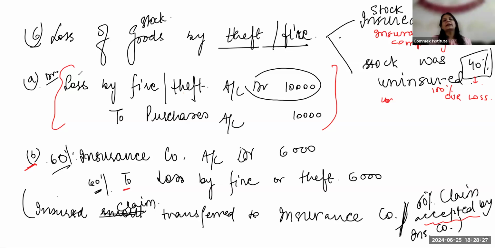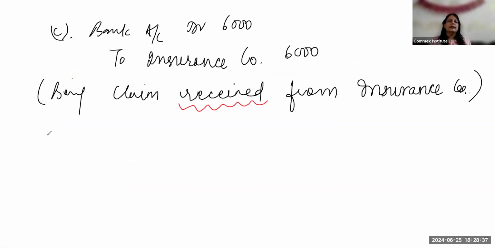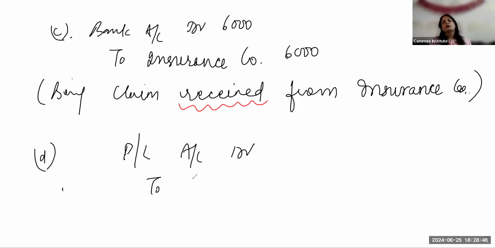So here you can directly debit profit and loss account. Okay. Remaining 40,000. If you want to pass the entry for the remaining 40,000, D entry, we can pass profit and loss account debit to loss by theft or fire.